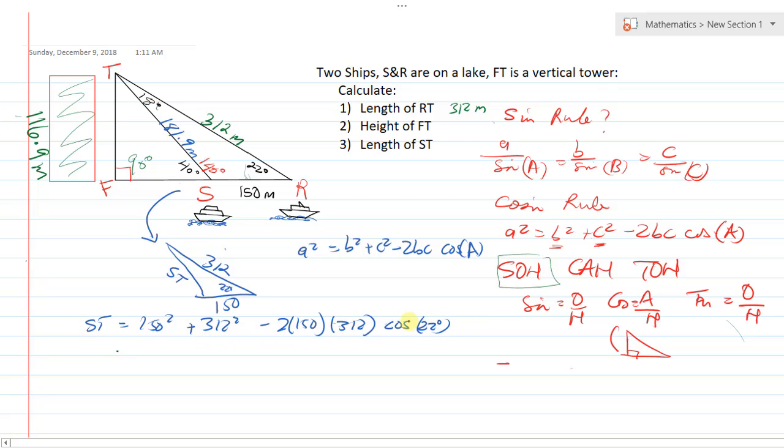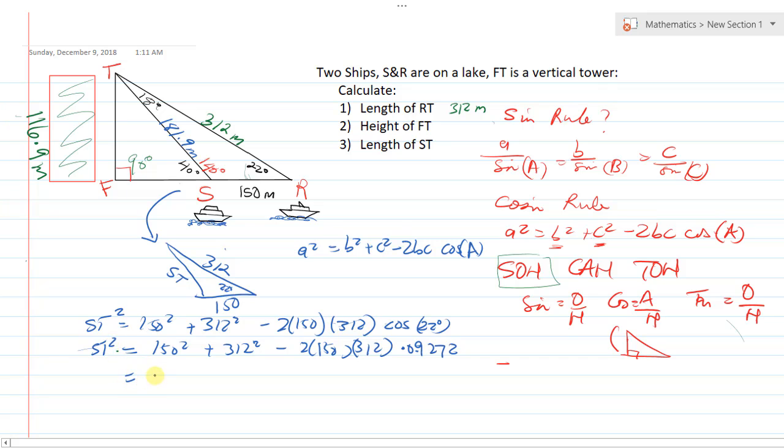I solved it, so I think cosine 22 degrees would be something like 0.9272. And when you find all of this, it's actually ST squared.